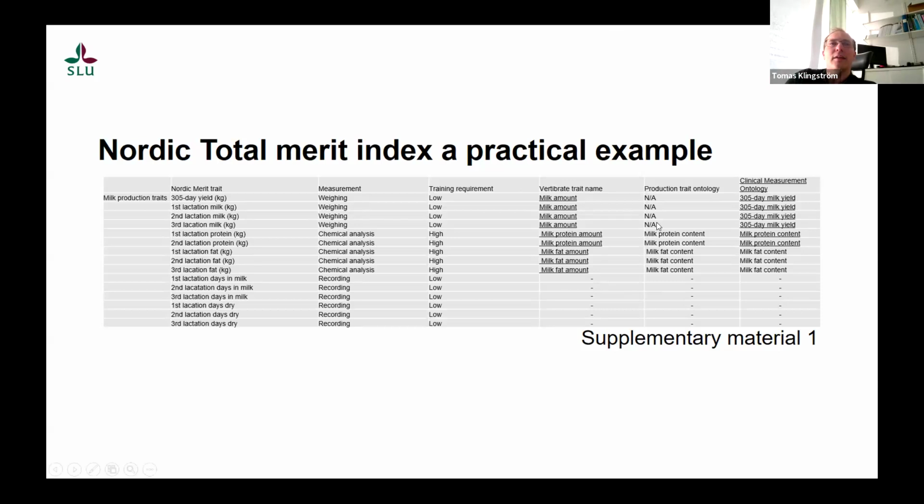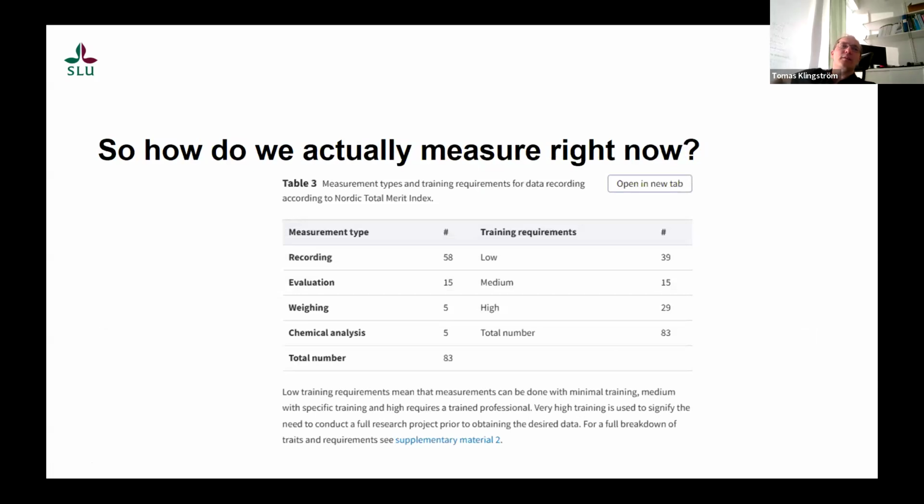And then we also looked at which traits used in the Nordic Total Merit Index also have a scientific definition in the ontologies available to us animal researchers. And what we see is that even in a quite industrialized region like the Nordic countries, most of the traits that are measured for the Total Merit Index are done with recordings, meaning that someone is looking at the animal and writing things down.